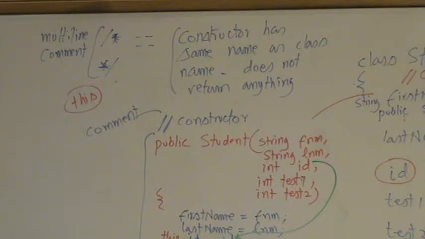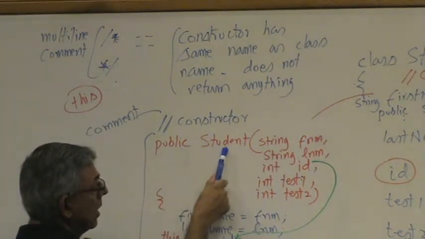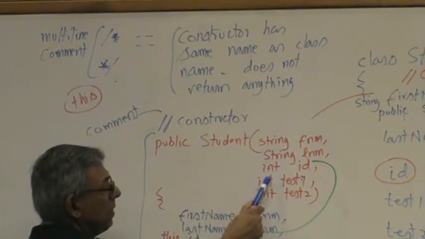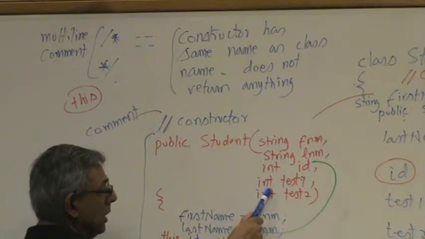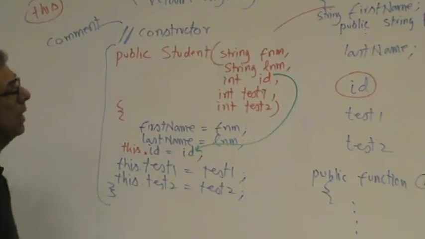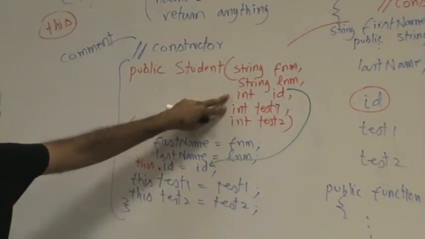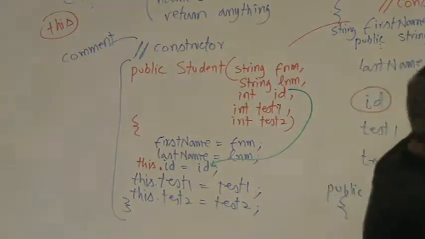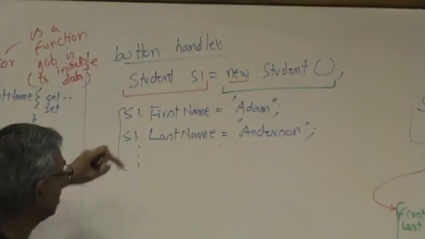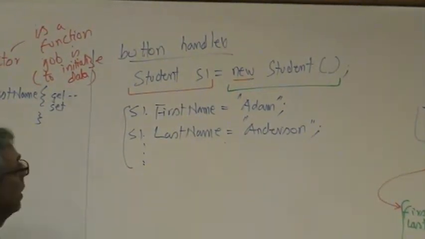Okay, as soon as you write this public student, so this is a constructor which takes 5 inputs, right? 5 parameters, and then initialize all the data in one call. Okay, so once we write a constructor that has 5 parameters, right? Now if you go back to the program that you have written like this, where one by one you were initializing it yourself, you will notice this program will not compile, okay?